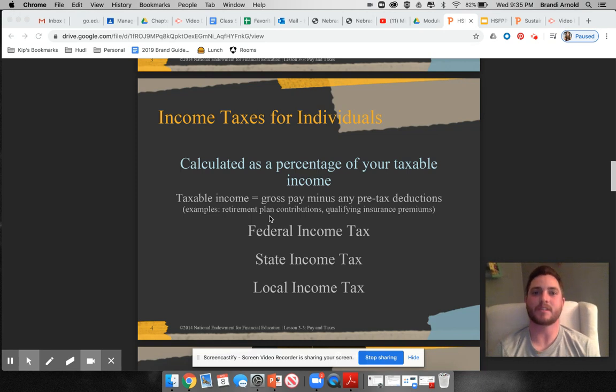If you're saving for retirement at your job, and let's say you take $200 out of every paycheck, and as soon as you get paid, $200 is pulled out and put into your retirement plan, you don't get taxed on that $200. So it's a great benefit because you are saving $200 for your future when you're done working, but you're also not having to pay taxes on that at that point in your life.